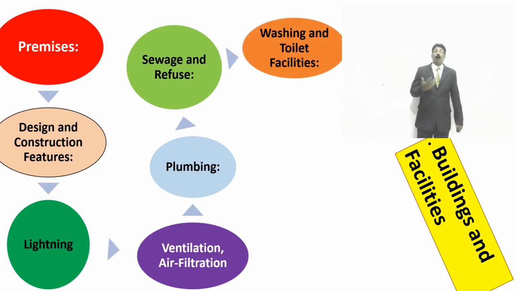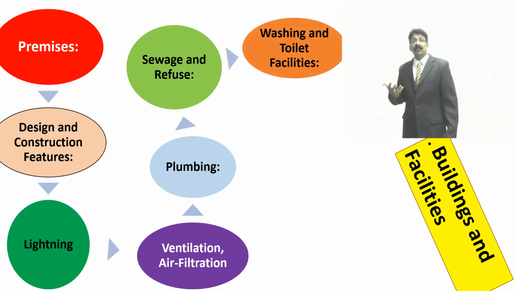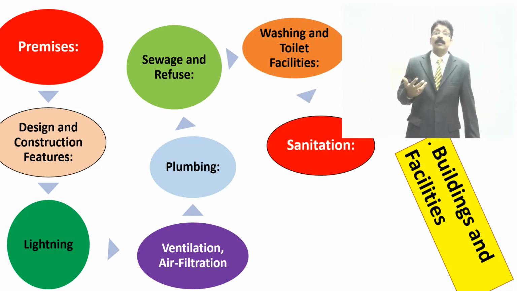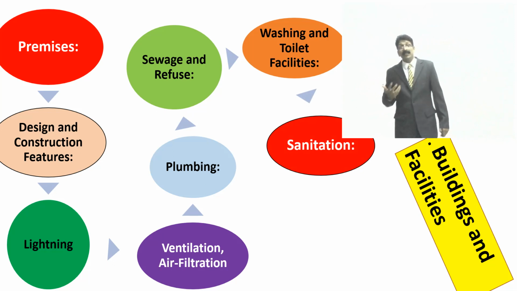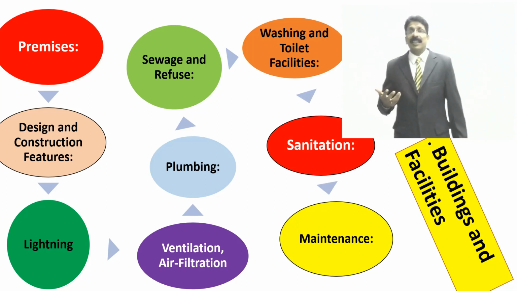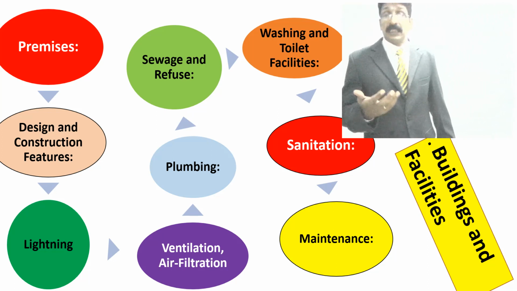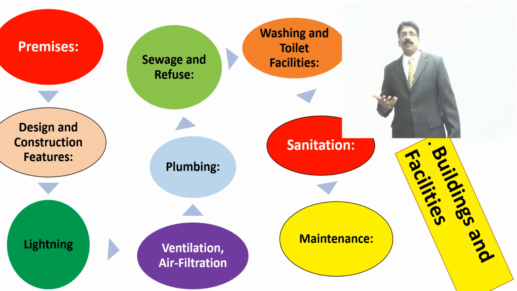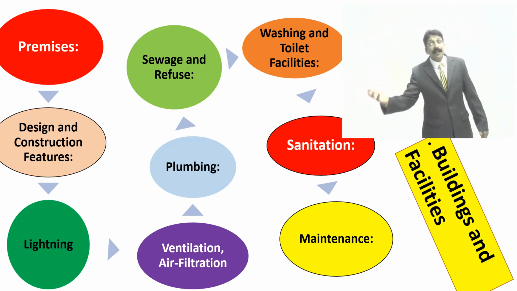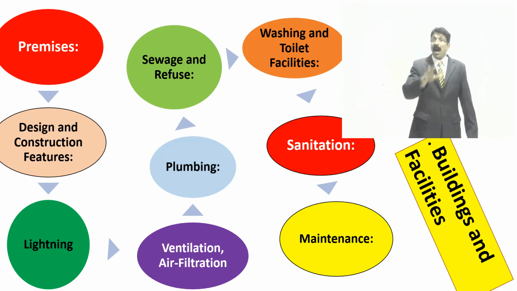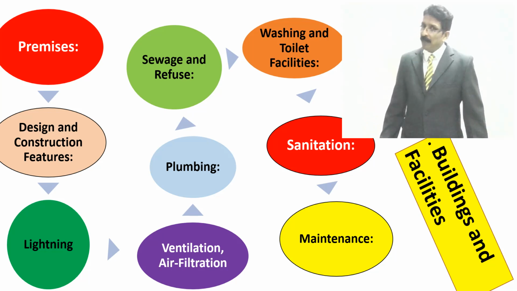Washing and toilet facilities for everyone, how you have to provide them. Sanitation, what is the importance of sanitation? And maintenance, very important. Those are the different points we just discussed, nearly eight or nine points. All the building maintenance plays a major role in buildings and facilities. So this is one part of good manufacturing practice.